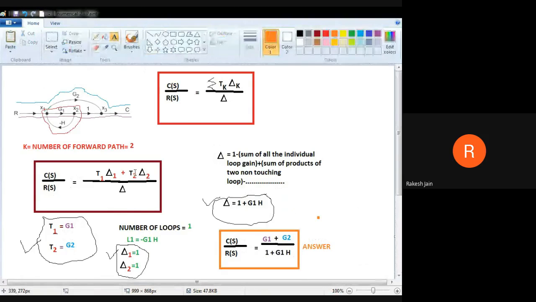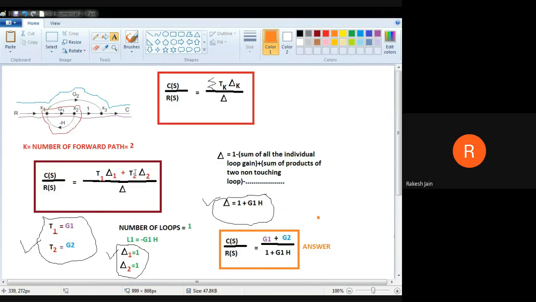Okay, so with the help of a signal flow graph, a very common strategy is to follow the step-by-step procedure. First, once again I repeat and then end today's class. With the help of a signal flow graph, we can also find the transfer function of any system like the block diagram reduction technique, but here we use Mason's gain formula, which is sum of Tk del k upon del, where the value of k depends on the number of forward paths.